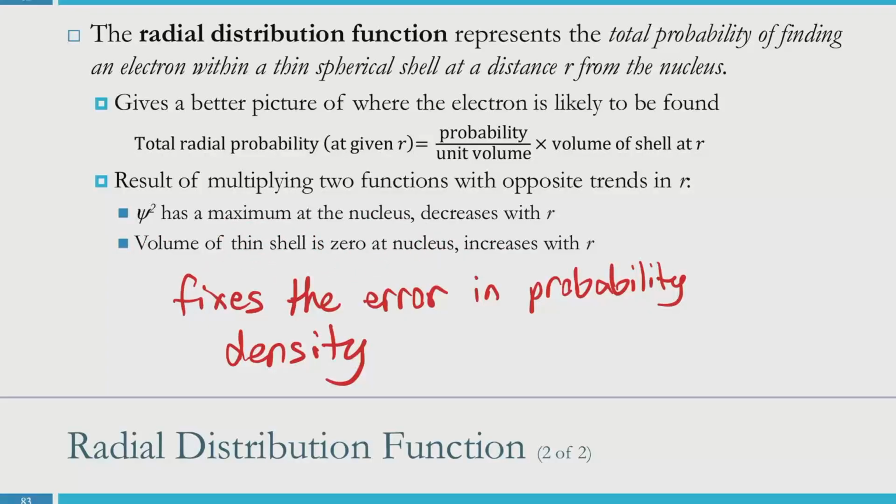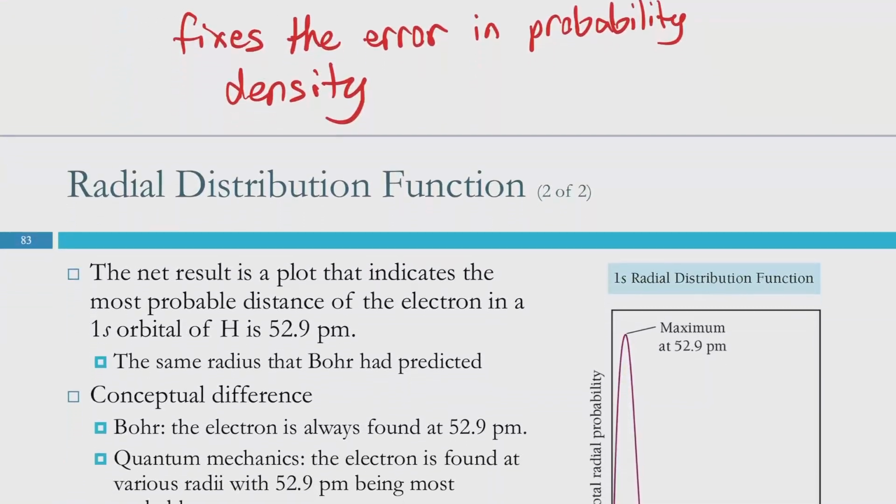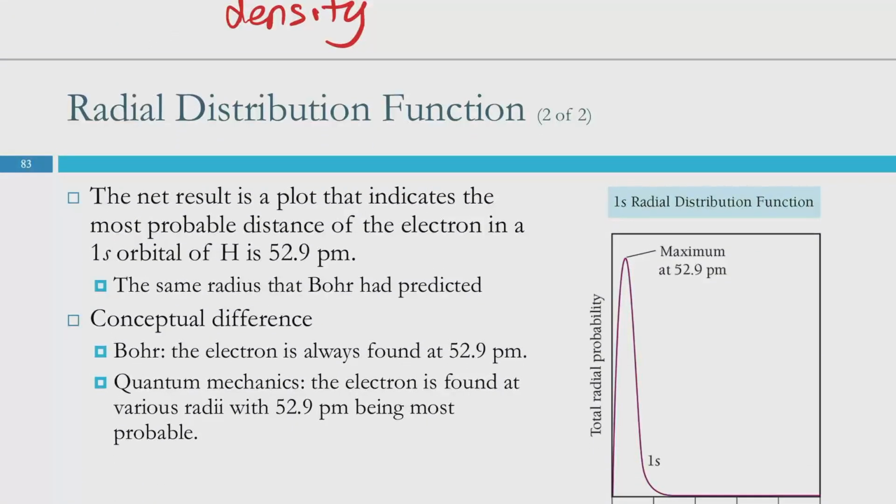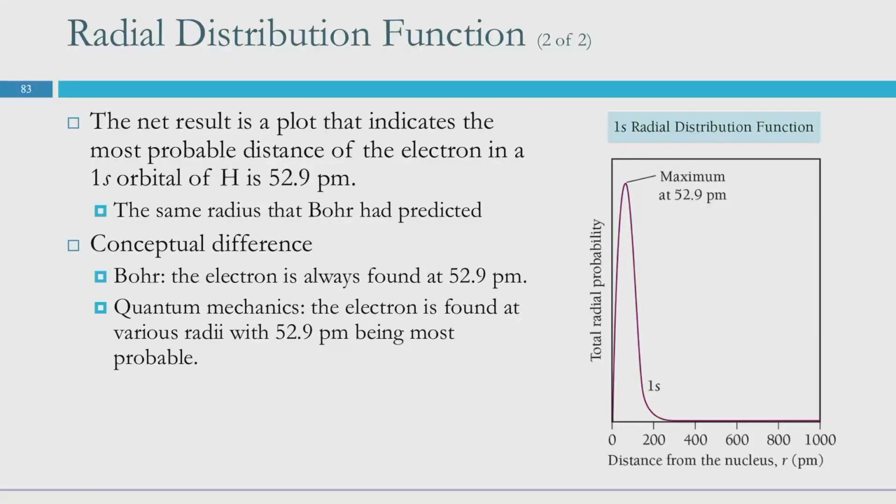So when you're at the nucleus, there's no area there. There's no volume for that sphere because it's as small as it can be. The volume increases as you go further out. So we're multiplying how much area is there, how much volume is there, times the probability, and that fixes our error. And so instead we get the radial distribution function that looks something like this.